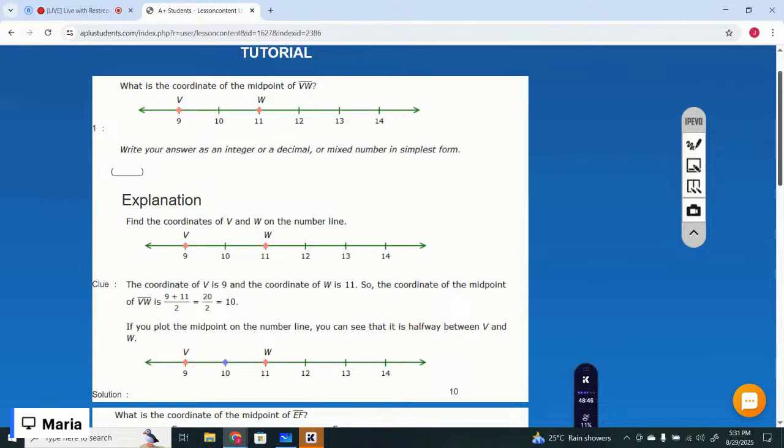The coordinate of the point W is 11. So 11 plus 9 divided by 2, that is 20 divided by 2 equals 10.